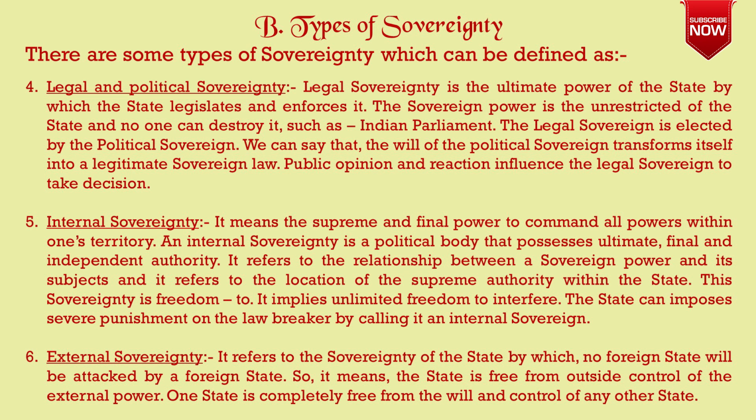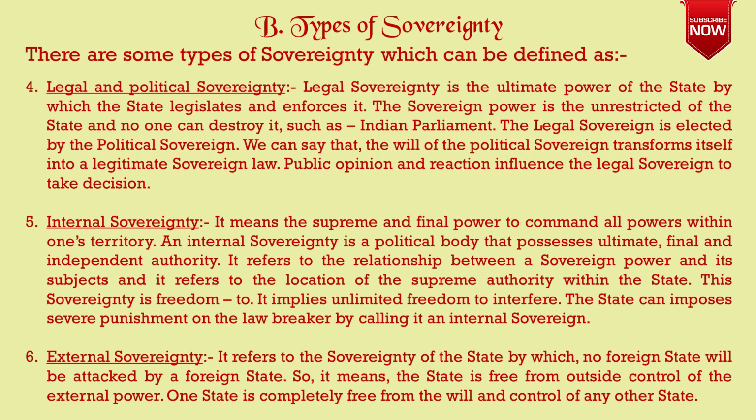The legal sovereign is elected by the political sovereign. We can say that the will of the political sovereign transforms itself into a legitimate sovereign law. Public opinion and reaction influence the legal sovereign to take decisions.